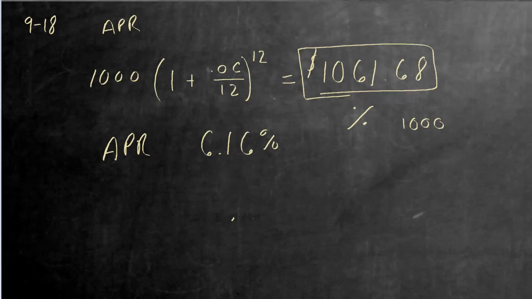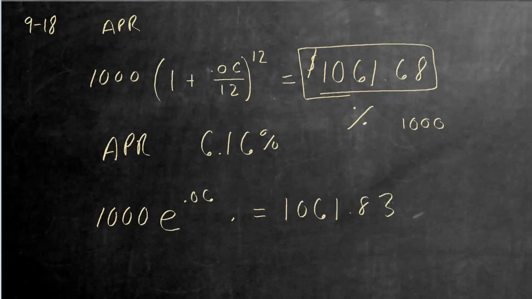And then very similar problem, what would the APR be if the bank offered continuous compounding? So that is our 1,000 e to the rt equation. So that should get me $1,061.83, which is just slightly more than compounded monthly.